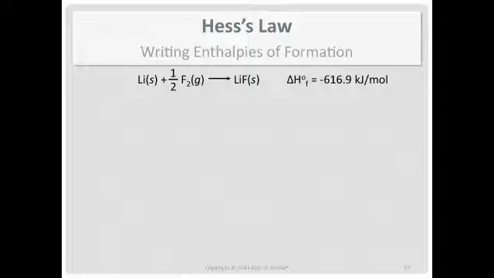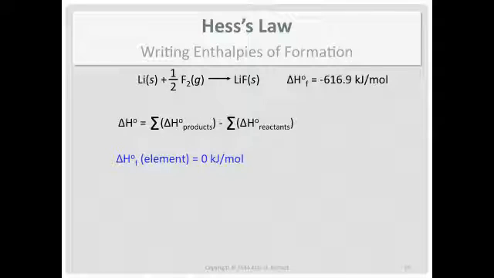A couple things about this equation. So we already did this. It's a difference between the enthalpies of the products and the enthalpies of the reactants. Well, we make another definition, and that is the standard enthalpy of formation for any element is defined to be 0 kilojoules per mole.